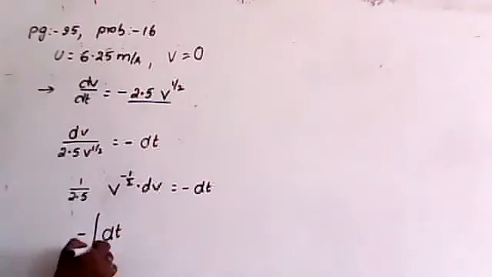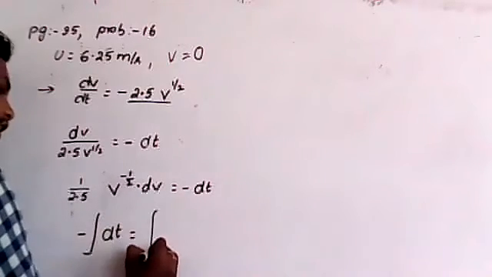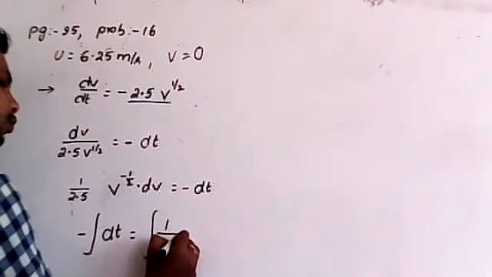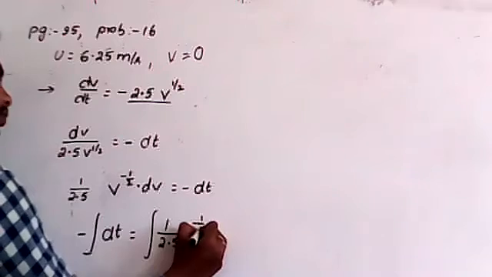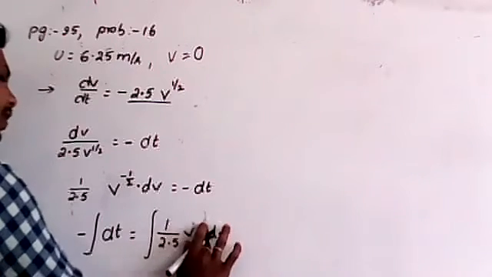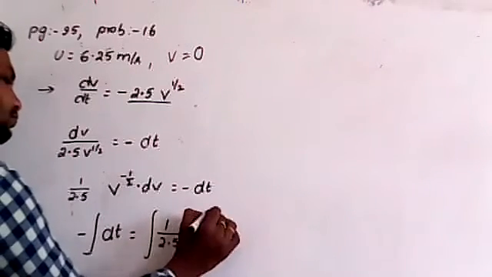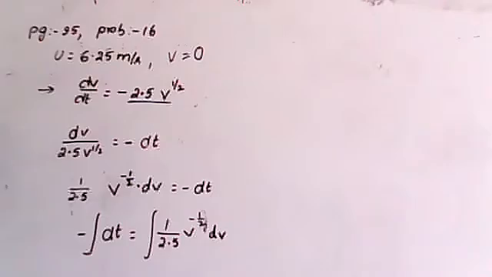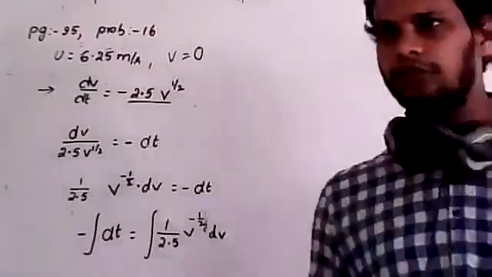Now integration of dt is equal to integration of 1 by 2.5 into v power minus 1 by 2 into dv. Understood?